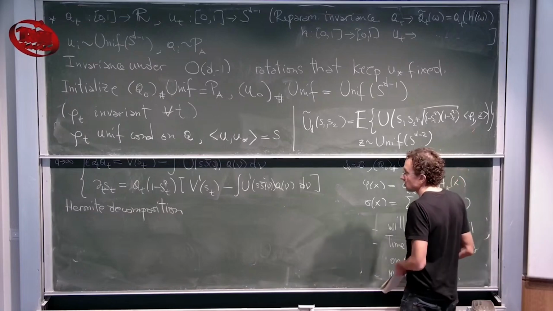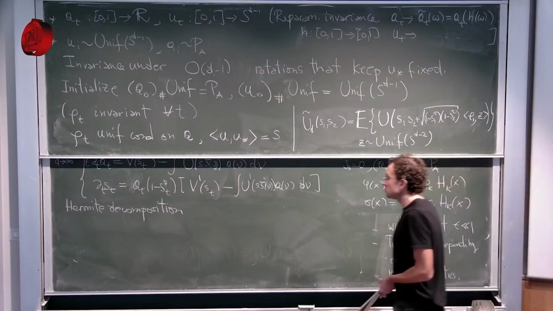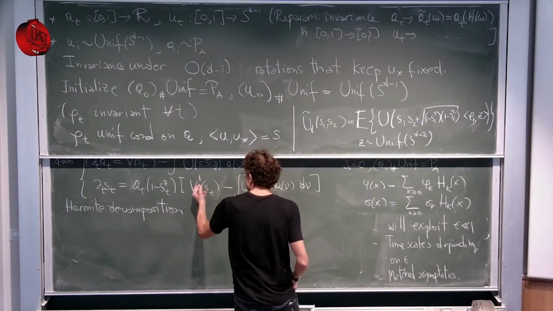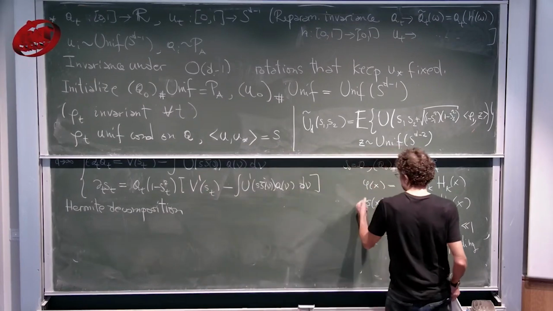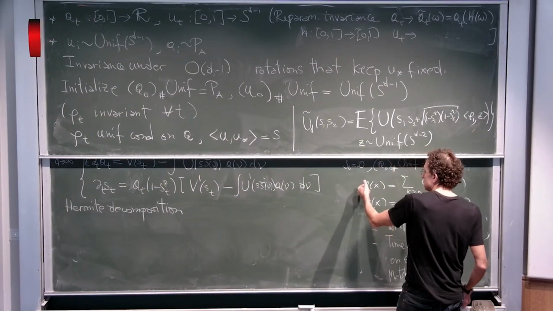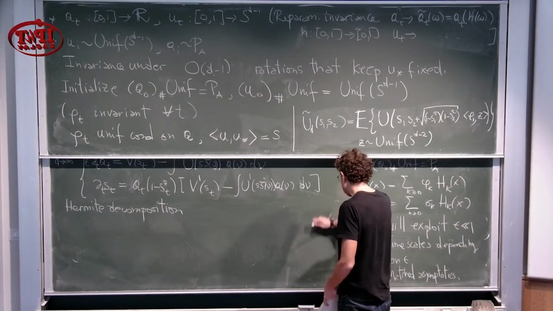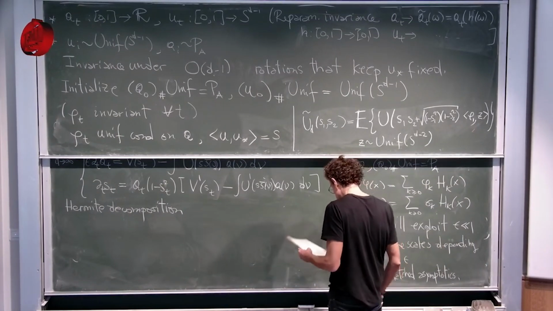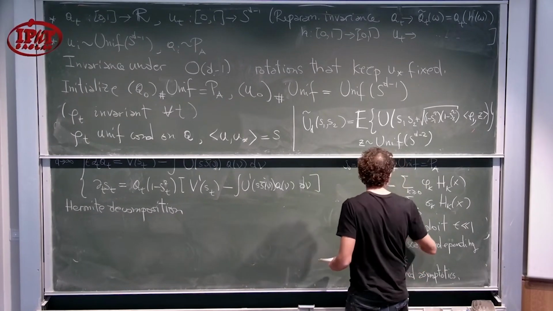And Hermite is important because, for instance, the V, remember, is the correlation between phi and sigma. So what happens is that V_k is a polynomial, it's a series.